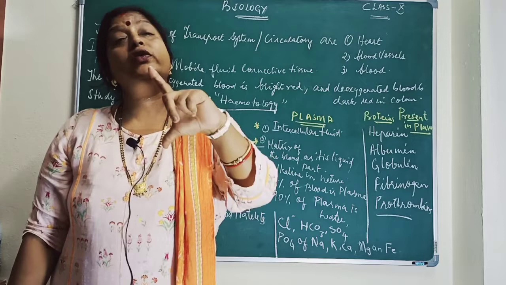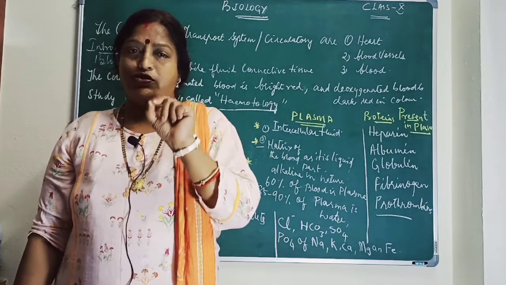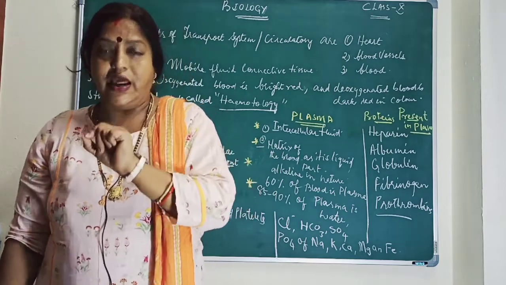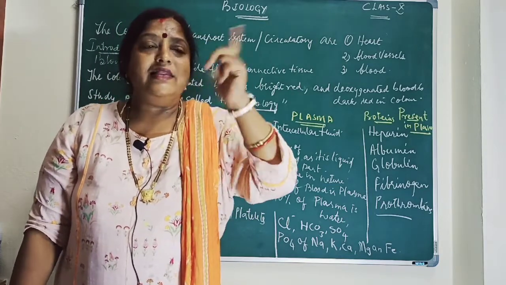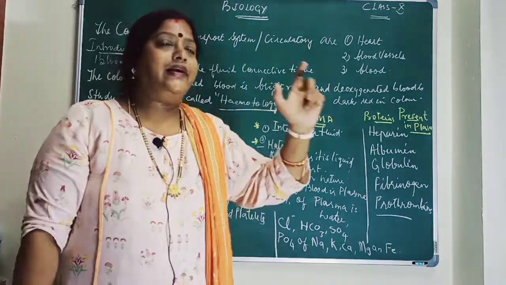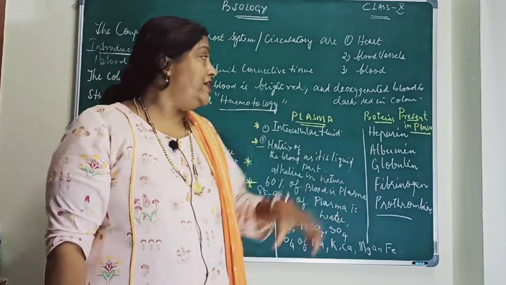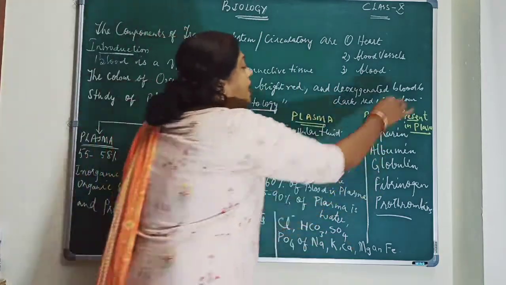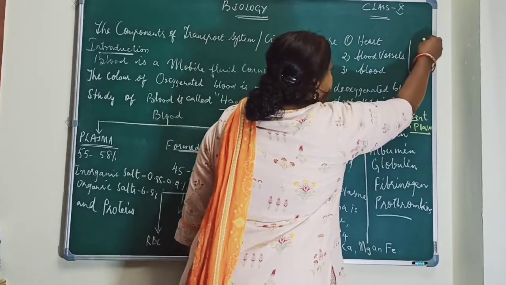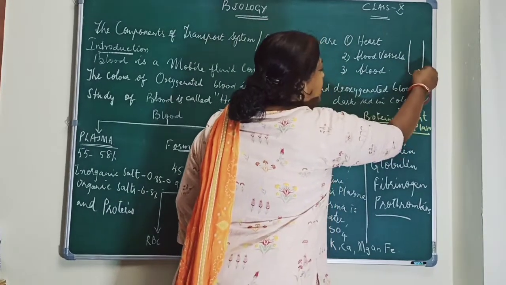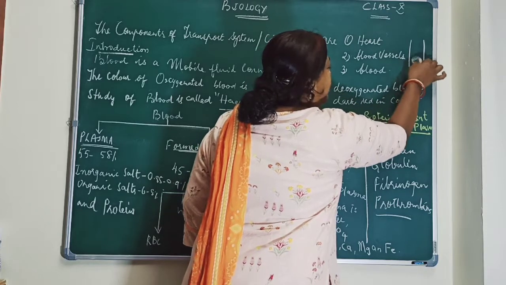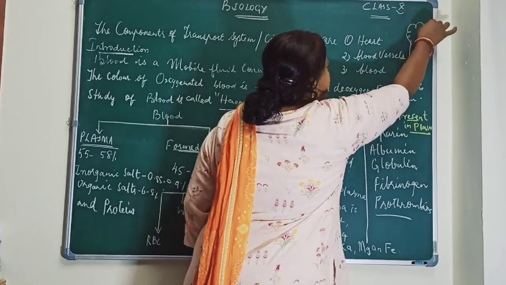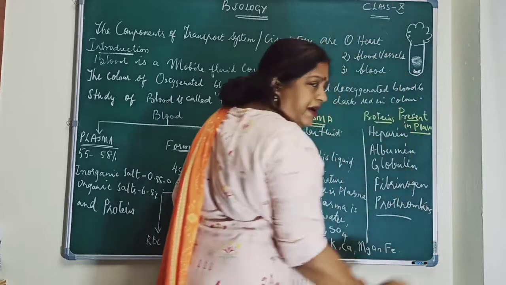So before you collect the blood, you take this salt, then collect a few ml of blood, and then shake the test tube and keep it undisturbed. Close the mouth of the test tube with a plug of cotton.